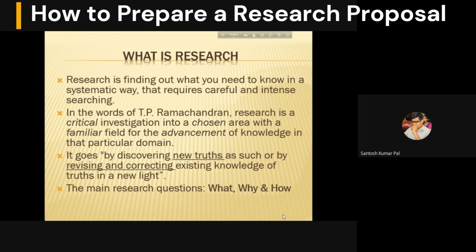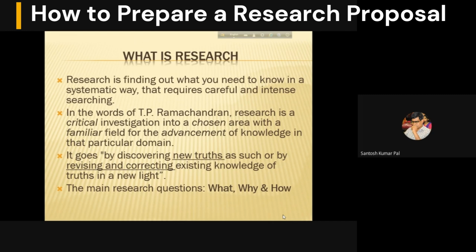But research is not always to discover new truths like that of Einstein or Newton. It may happen sometimes, but in most of the cases, our students or we, what we do mainly is two things.